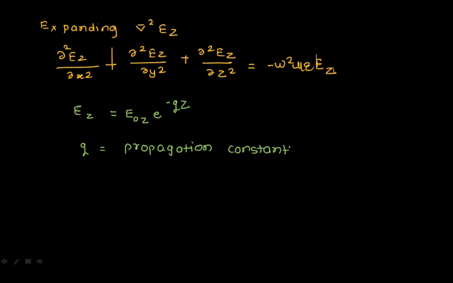Ez is the electric field intensity in the Z direction, E0z is the maximum value of the electric field along the Z direction, and gamma is alpha plus j beta. So gamma is the propagation constant, alpha is the attenuation constant, and beta is the phase constant.